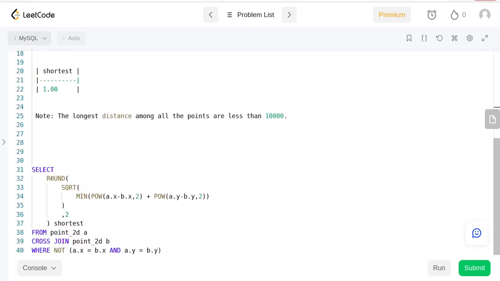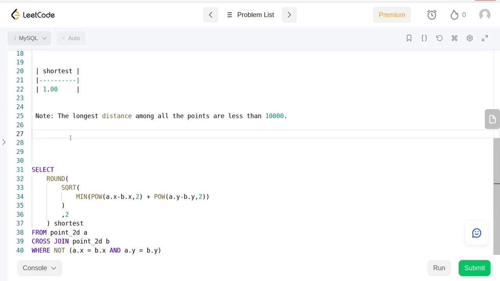Other than that, we are rounding the shortest distance to two decimal points, and in order to calculate the distance, the formula is basically x2 minus x1, squared, plus y2 minus y1, squared, and the square root of everything.